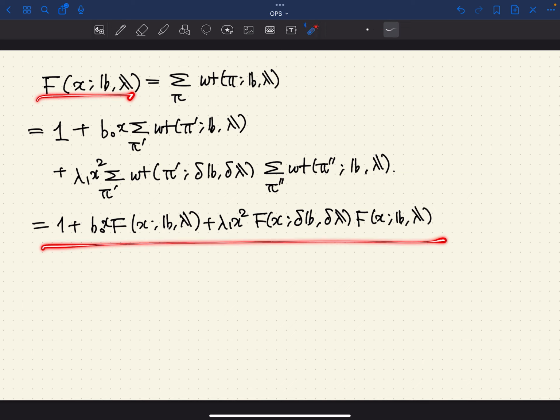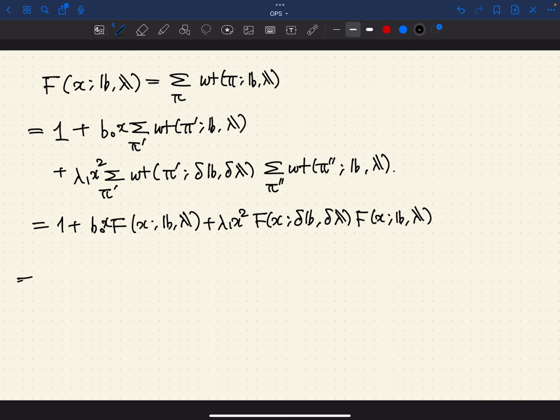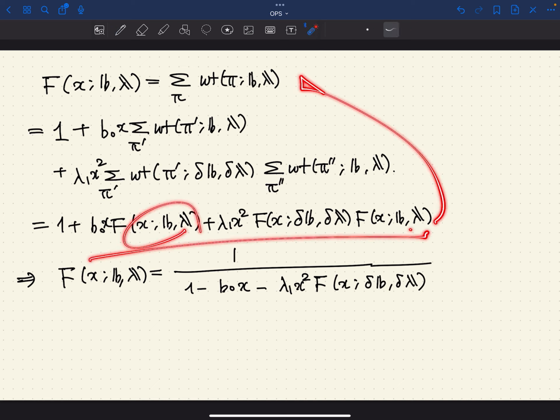Now we have a functional equation for this sequence, or the generating function. So we can move this to the other side, combine them, and divide by the factor. Then we get an identity like this: f equals 1 over 1 minus b0 x minus lambda 1 x squared f of x, delta b, delta lambda. Because if you move these factors, we get this appearing here.